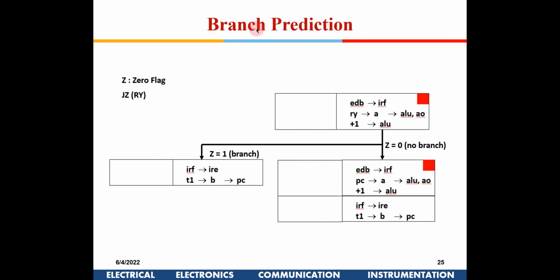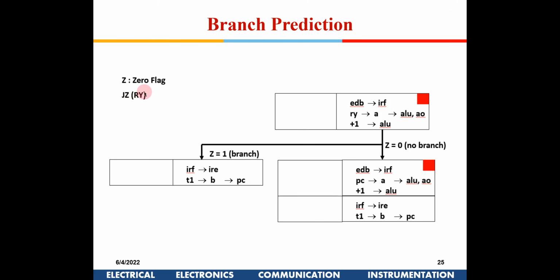The other way is branch prediction, right? This we saw in our earlier class also, when we were talking about hardwired control. So if you see here a 0 flag, if it has to jump, if the condition is met to 0, the program has to jump to a location specified by the RY register, right?